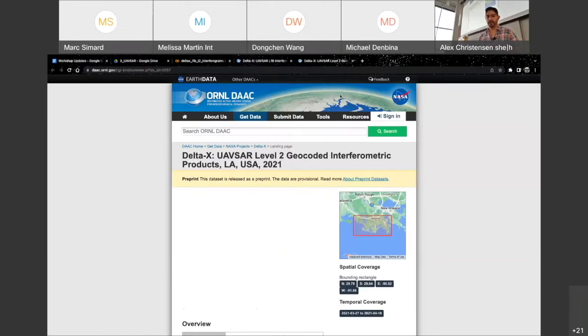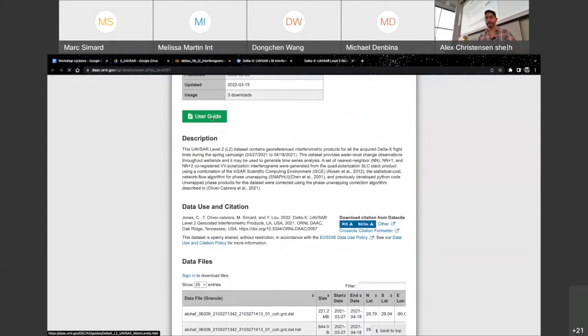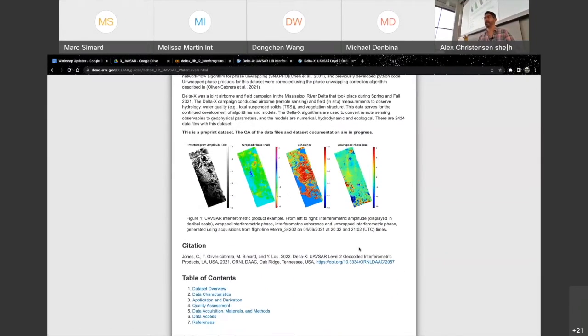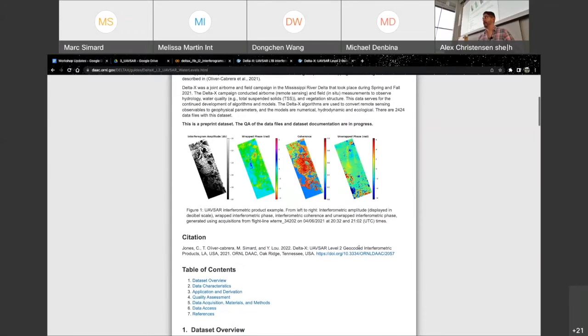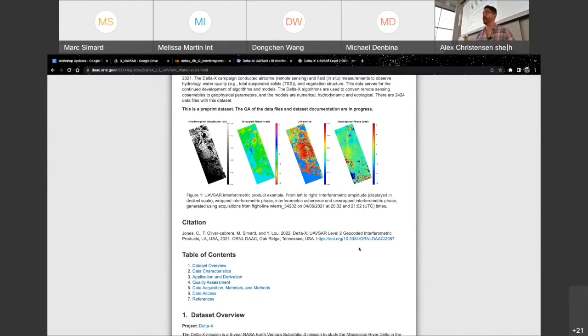The level 2 is the same type of image, but they are geocoded. So these ones can be displayed in QGIS. They have the proper latitude and longitude reference, WGS 84.